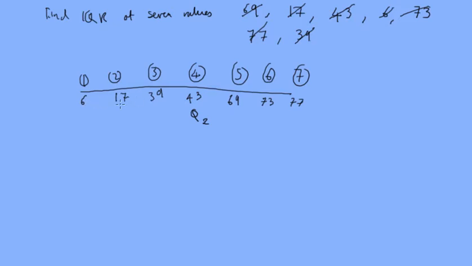So the middle value is 17. So that must be Q1. And the same with the upper set of values. We've got 3. So the middle one here is Q3. So the interquartile range must be Q3 minus Q1, which is 73 minus 17, which is 56.